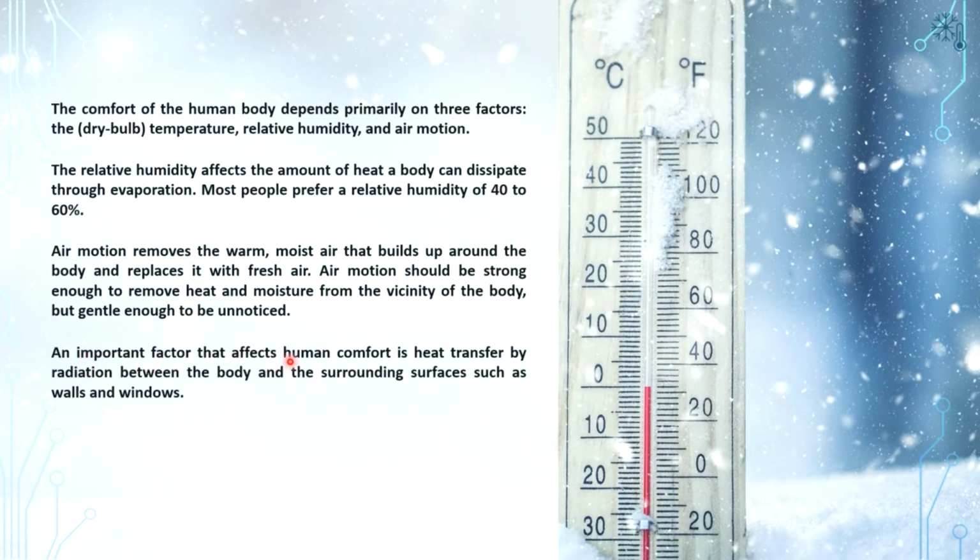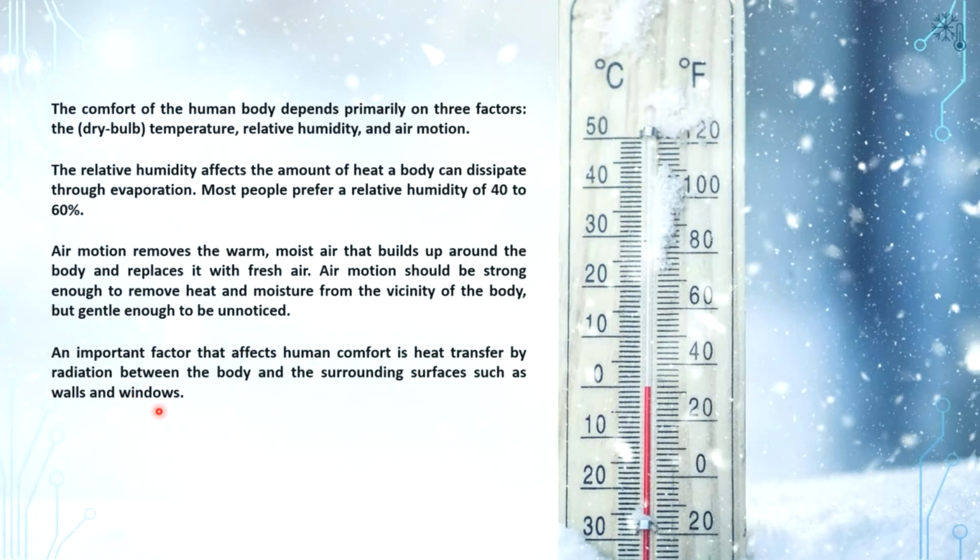Another important factor that affects human comfort is heat transfer by radiation between the body and the surrounding surfaces, such as the walls and the windows. So it is very important for us to look into the size of the room and the wall, whether it is insulated, and the windows as well.